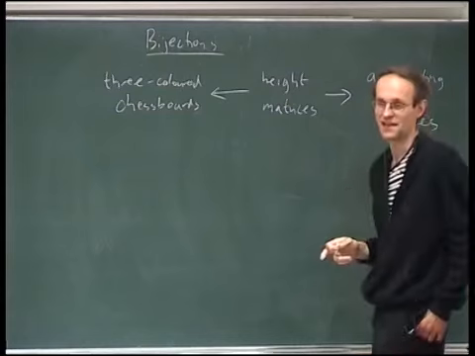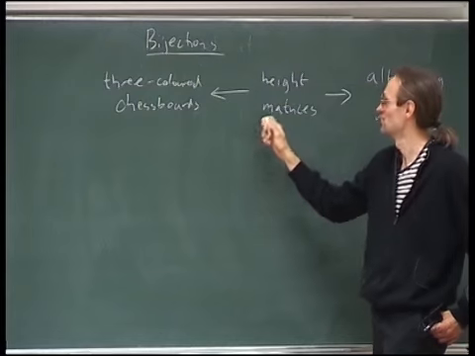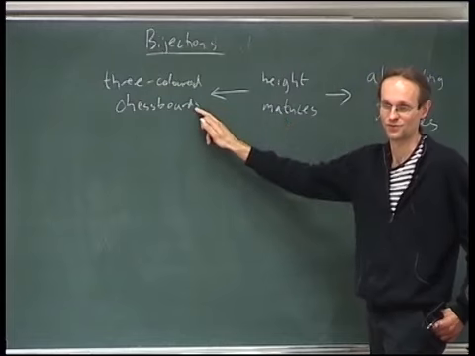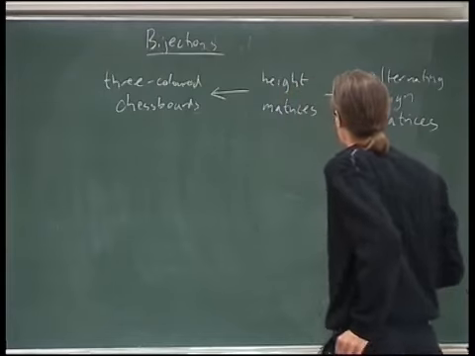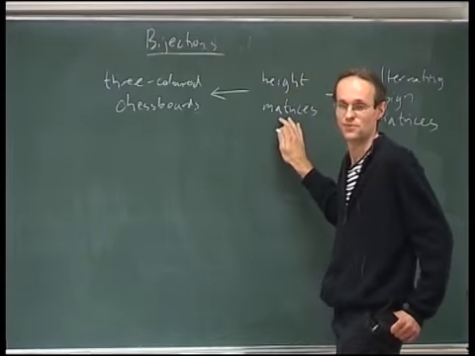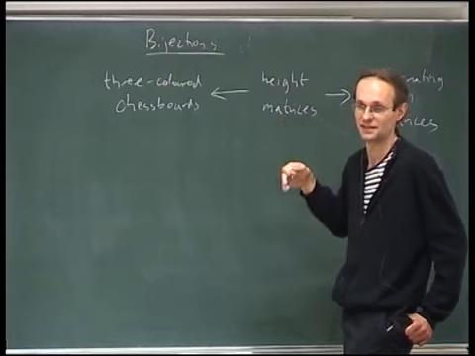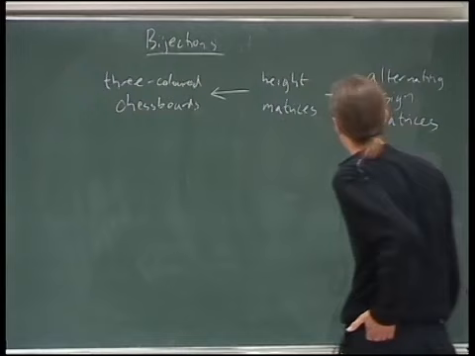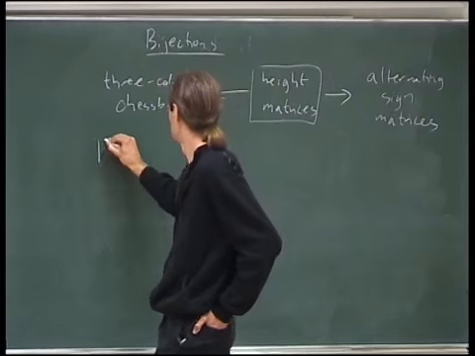And the way I will explain this bijection is by defining a third class of things called height matrices, and then define bijections from that one to 3-colored chessboards and to alternating sign matrices. And the height matrices, they will really be the description I will use in my description of the 8-vertex solid-on-solid model. So this is important to us.